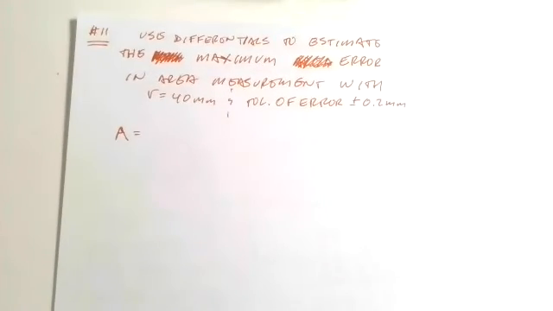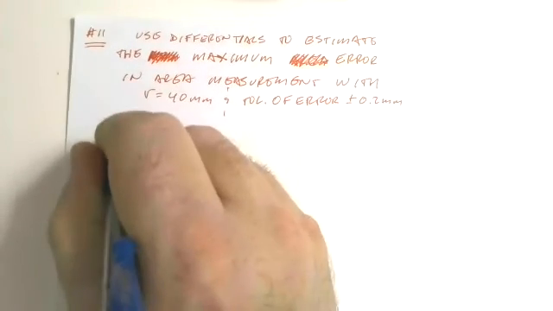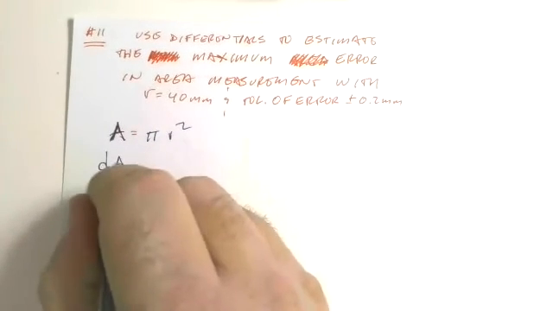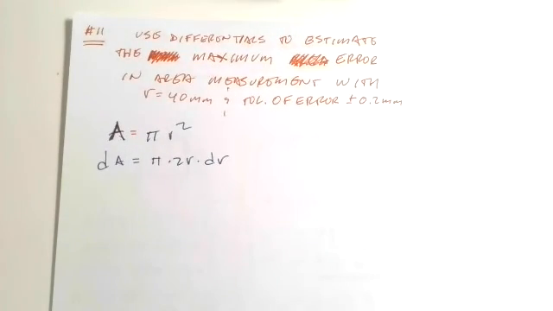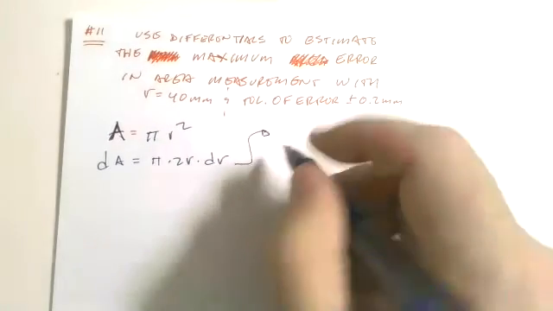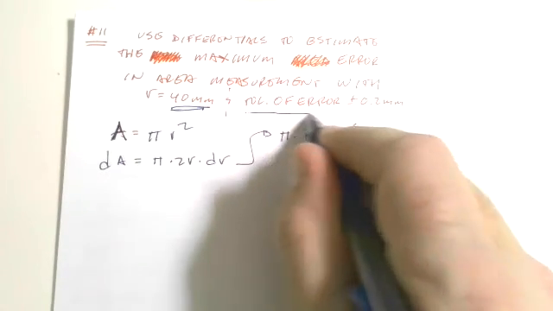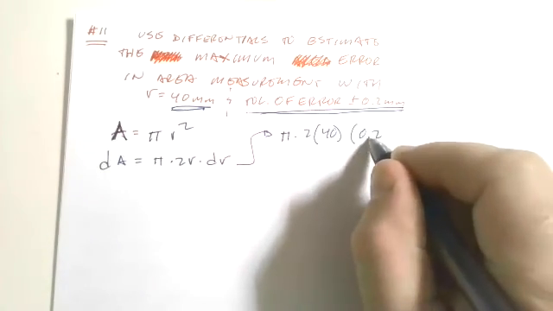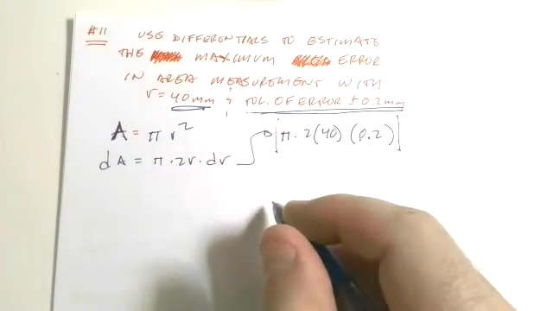Use differentials to estimate the maximum error in area measurement, yada, yada, yada. All right, area of a circle, pi r squared. dA equals pi times 2r dr. Pi times 2 times 40 times, what's the highest error? Well, if I make this positive 0.2, it's going to give me error. It really should be an absolute value, and I can put in positive or negative, it doesn't matter.